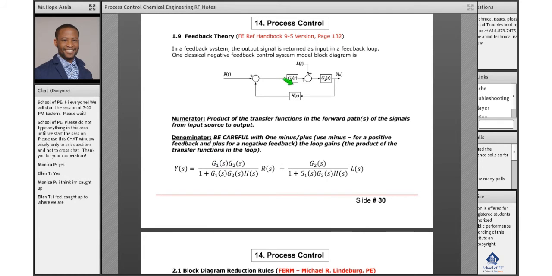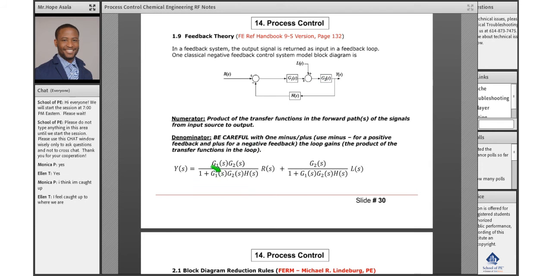Whenever, for instance, the controller or a process and another process are in series, we all know what I mean by series, right? The input comes in through here, and then the output of this one is the input for the other one. That's what you mean by series. Whenever you have two of those blocks in series and they represent the mathematical expression for the process, you actually have to multiply them.